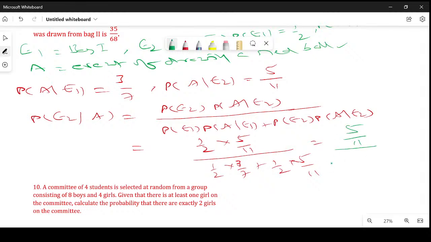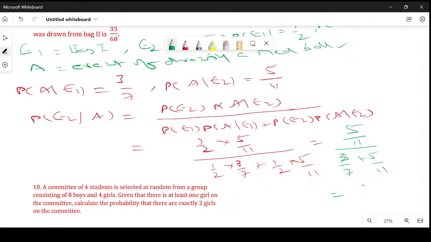Now simplify with the LCM 77. 11 comes here and 7 comes there. The numerator is 35, and the denominator is 33 plus 35, which is 68.